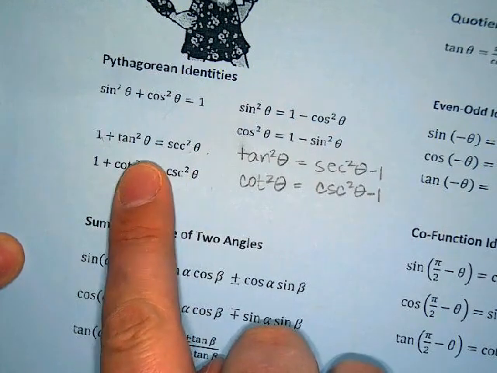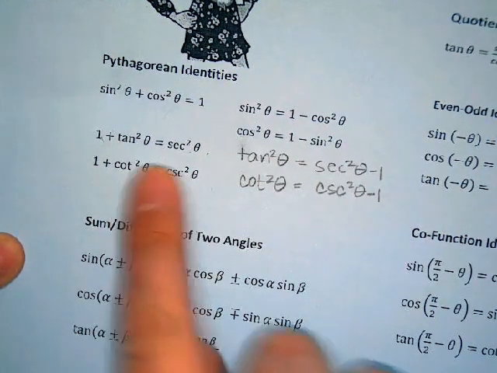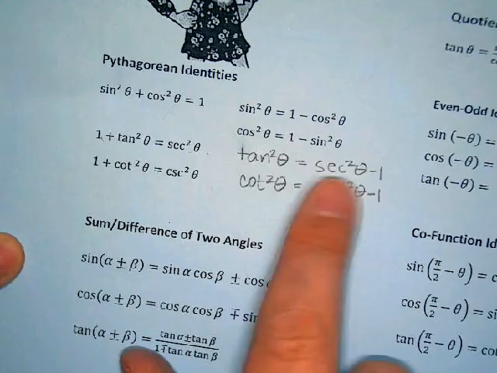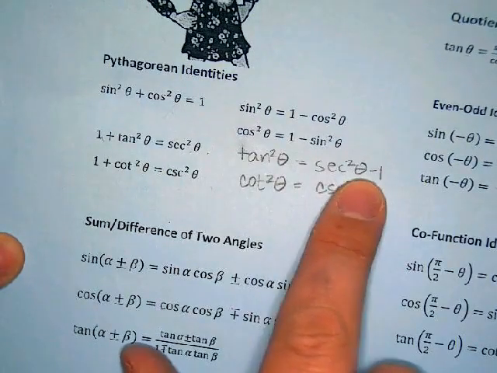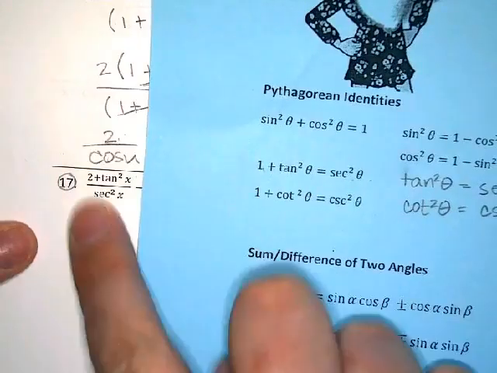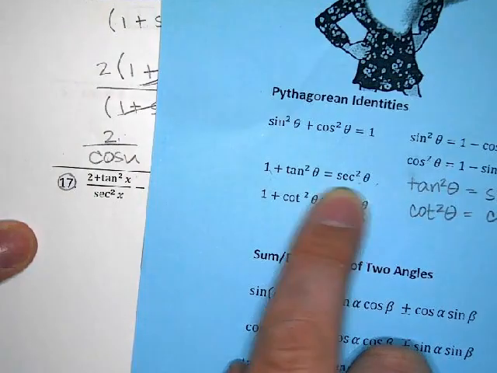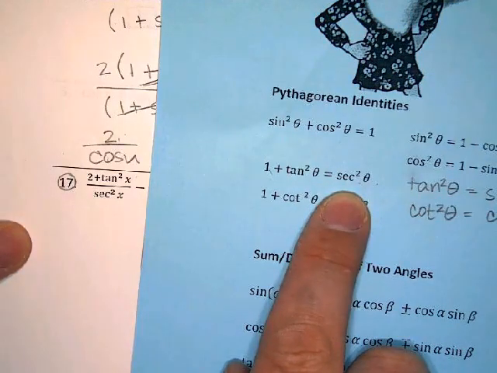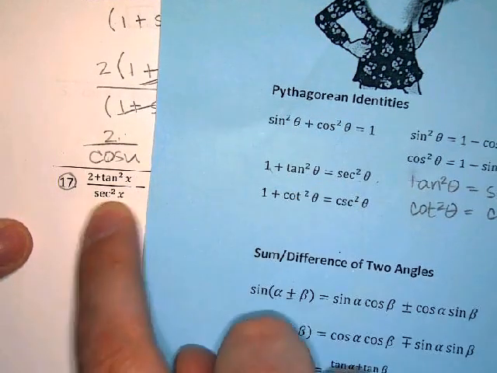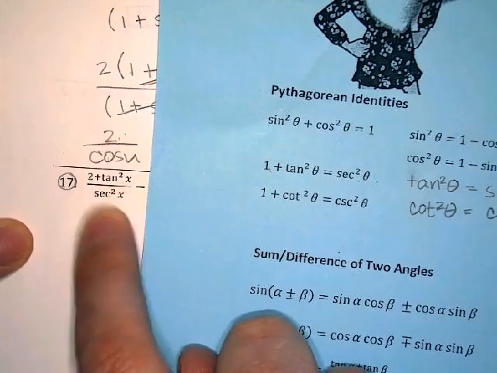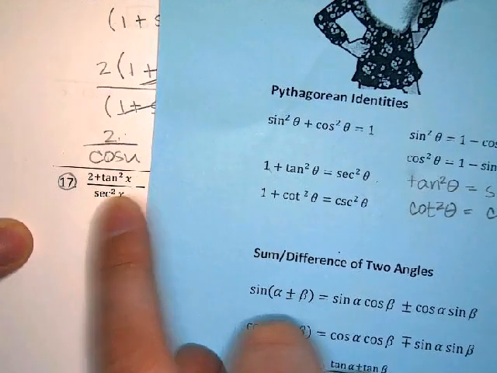Yeah, you can do tan squared is secant squared minus 1, or you could pull out of the 2, you could pull out 1 plus tan squared and replace it with secant squared. You have a couple different options there. So do you guys want to do the route of changing the problem into sines and cosines, or do you want to do the route of using Pythagorean identities?